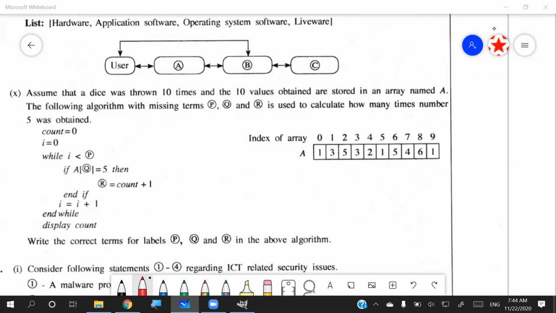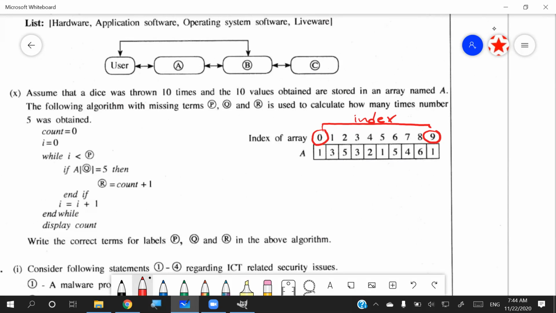So these values, which are 1 3 5 3 2 1 5 4 6 1 in the squares, are the values that you were having, right? And these 0 to 9 are called the indexes. So if you need to access an array, the better way is saying the array's name, and within square brackets saying the index number, right?